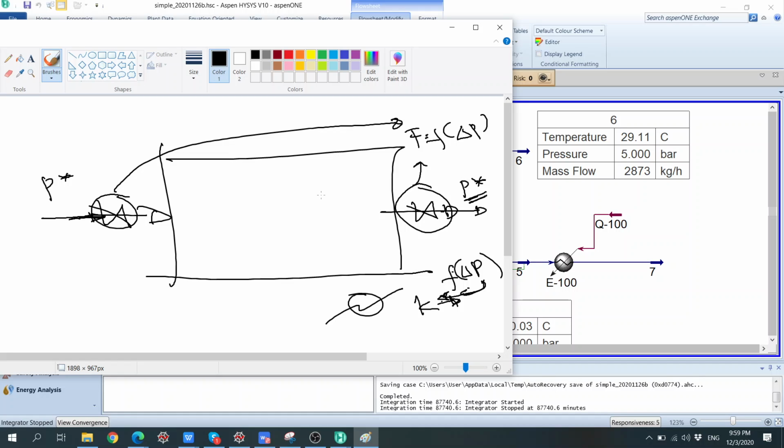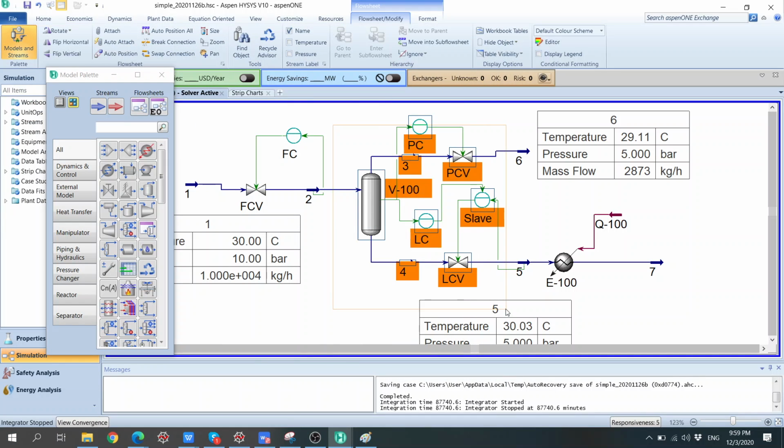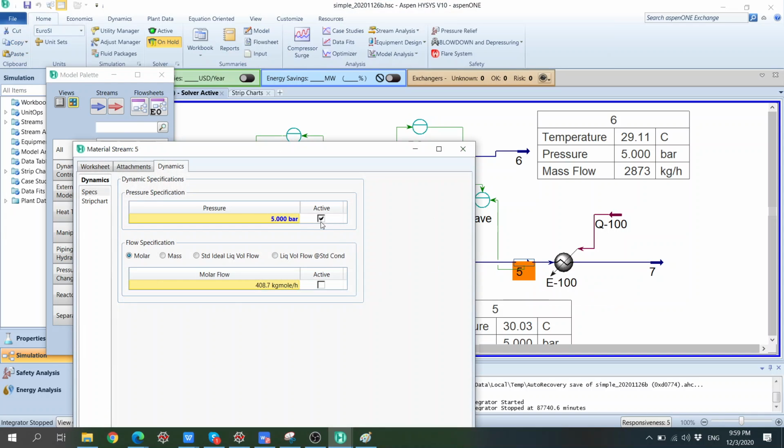Now we are extending the border of the simulations. It was this, but now we include the heat exchanger into the system. So when the boundary was this stream 5, we set its pressure as the boundary.